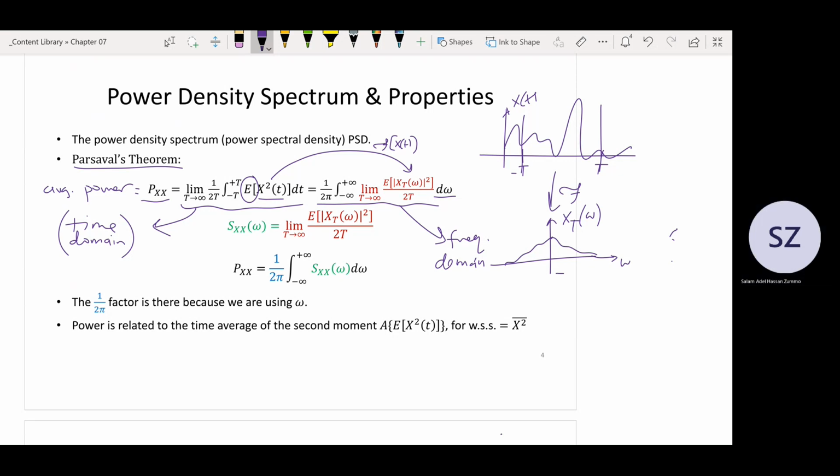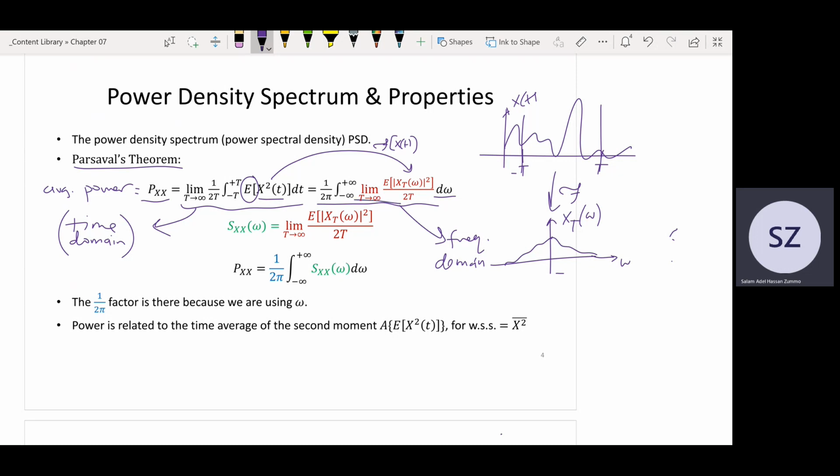Okay. Now, part of what we did in the frequency domain is we took the realization from minus T to T, took the Fourier transform, and took T to infinity. So we observed the random process for long enough time and took the magnitude squared of its Fourier transform.